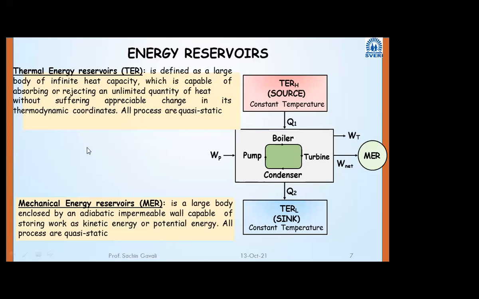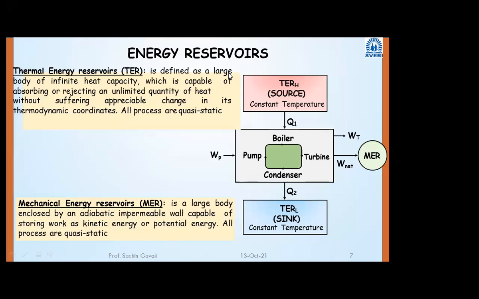Now we'll go to the second law of thermodynamics, and for that some definitions we have to learn. The first definition is thermal energy reservoirs, or simply thermal reservoirs. What is a thermal reservoir? Write down in your notebook also.